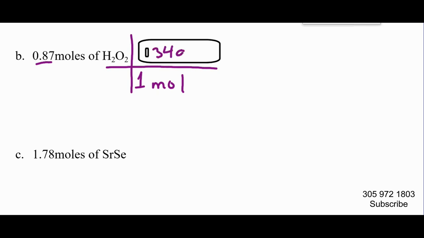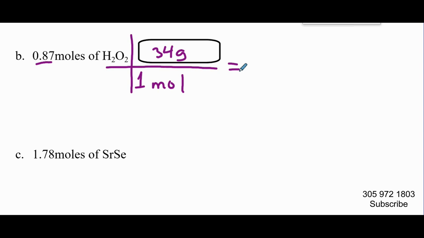34 grams. Therefore, 0.87 times 34 grams divided by 1, which makes no difference.